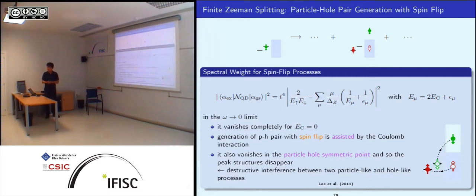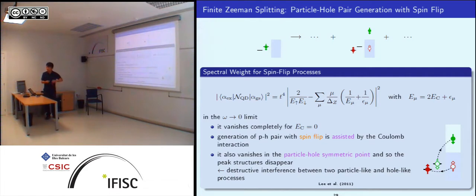So I already told you that this peak feature disappears in the absence of Coulomb interaction, and this spectral weight also vanishes in the absence of Coulomb interaction. They both become finite in the presence of Coulomb interaction. So we can guess that this process is responsible for the enhancement of the resistance. It means that here we have some kind of spin fluctuation.